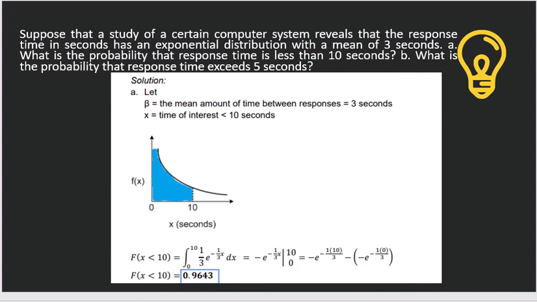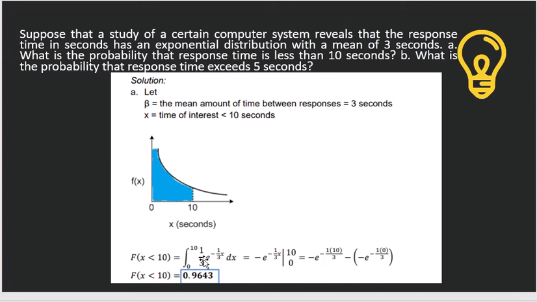So if we're going to graph, this will be your 10, your time of interest. We're going to use the probability density function formula. Just follow.